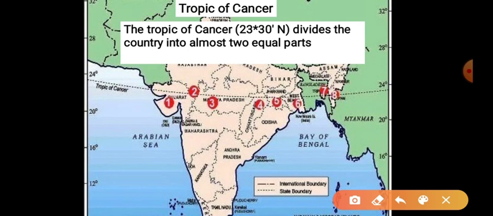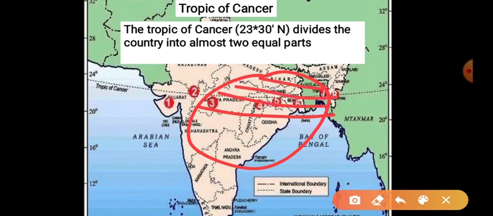As we studied earlier, all the latitudes which fall on the northern hemisphere are represented by N, that is north, and all the latitudes which fall on the southern hemisphere are represented by S, that is south.